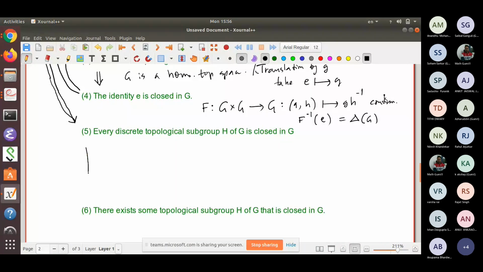Now, from here to here, this number 6 says there exists some topological subgroup that is closed in G. So if every discrete topological subgroup is closed in G, how do you know there exists some discrete topological subgroup that is closed in G?